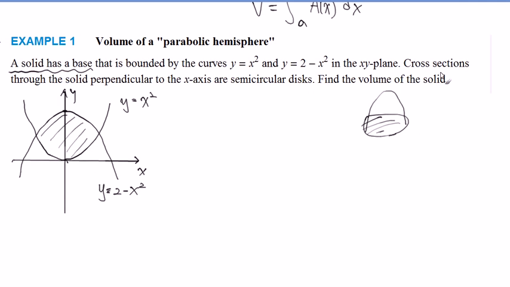And the next thing they talk about is that cross sections through the solid are perpendicular to the x-axis. So what is this x-axis? That is the axis of cross-section. Does that make sense? That is your axis of cross-section right there. So the plate is going to go through perpendicular to this one. So I'm going to extend the x-axis here.